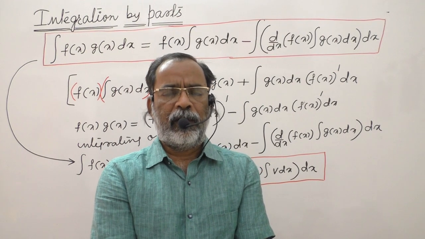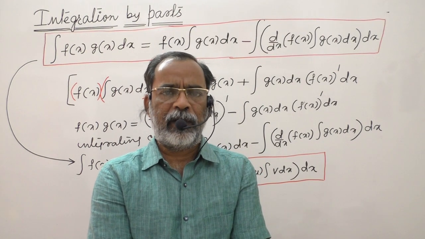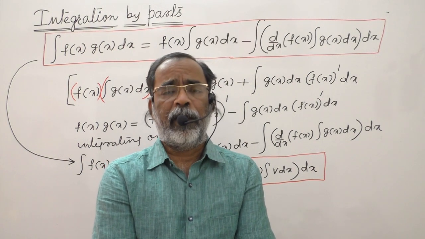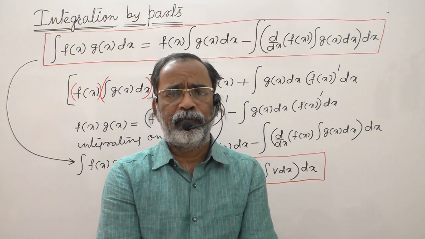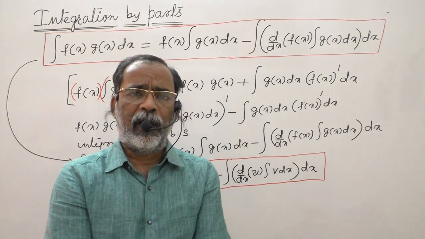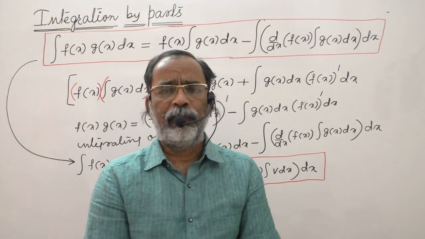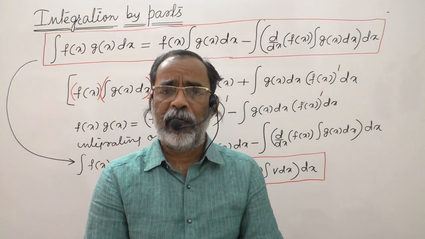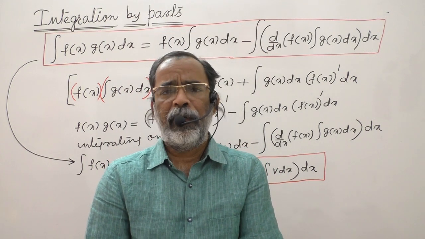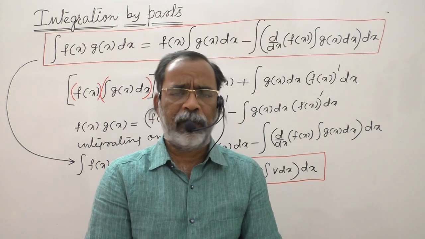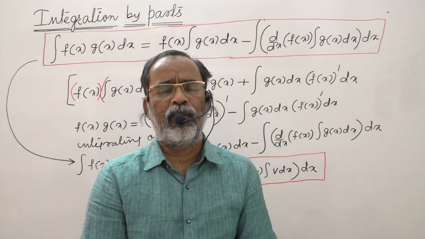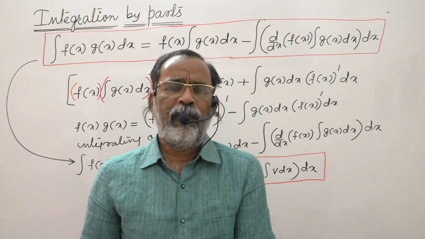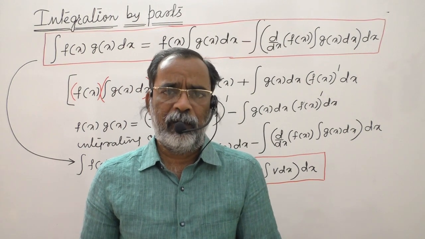You should select as the second function a function whose integration, number of times, is very simple. Such a function is taken as the second function. The remaining one will automatically be the first function. The first function should be suitable for differentiation, whose derivative must give us a simple integral.